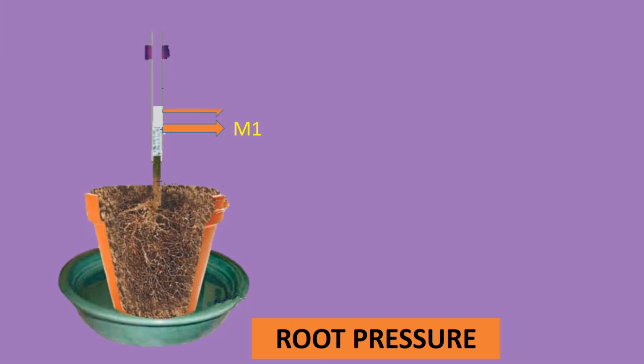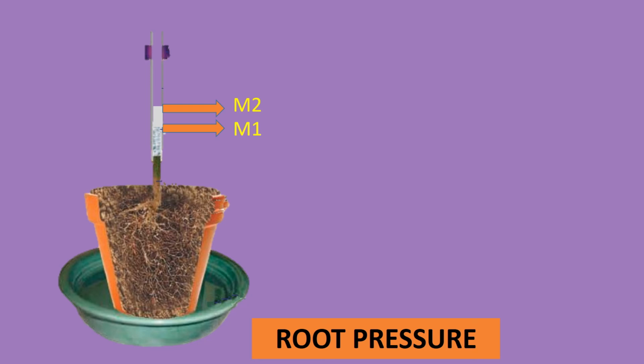Mark it as M2. Is there any increase in the water level? We found that there is an increase in the water level of the glass tube. The difference between M2 and M1 indicates the level of water raised in the stem.